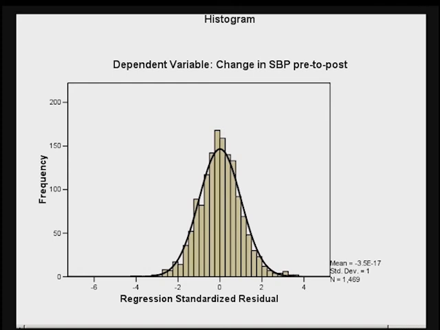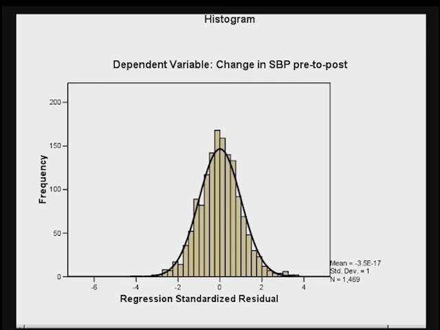Remember when we said with the z-score it's a standardized distribution? Well, that's what this means. And so you can see that the standard deviation is equal to 1 and the mean is equal to 3.5 times 10 to the minus 17th. Now, that's pretty darn close to 0 if you ask me. So far we have a pretty normally distributed distribution.